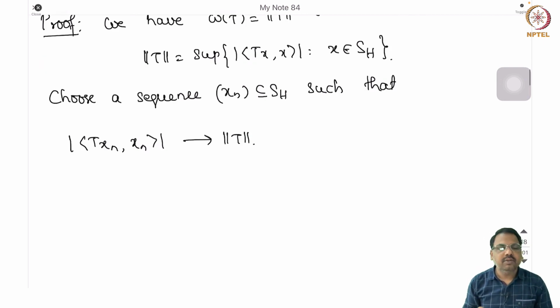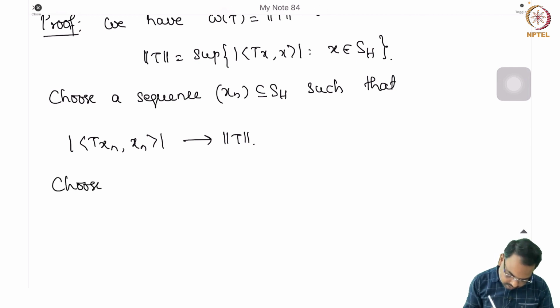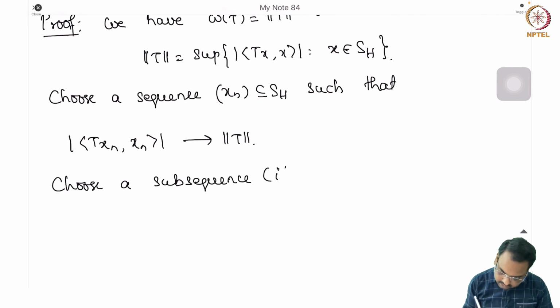Now we can choose an appropriate subsequence, if needed.